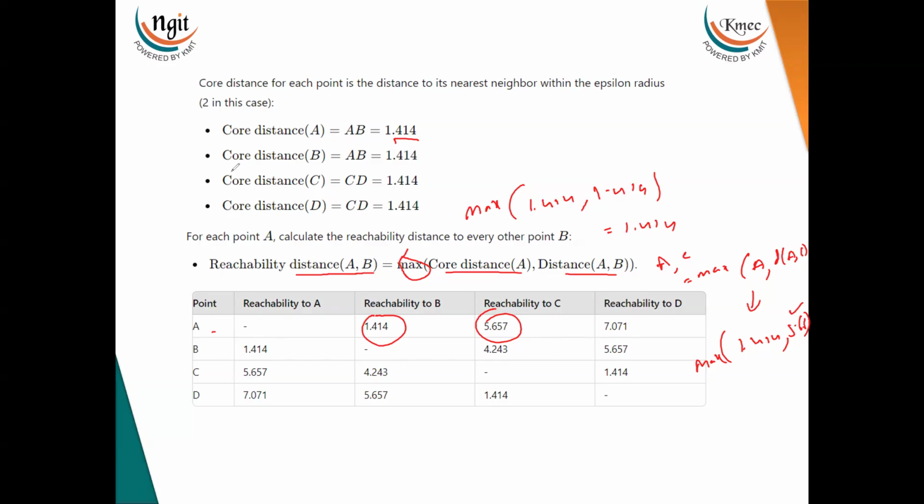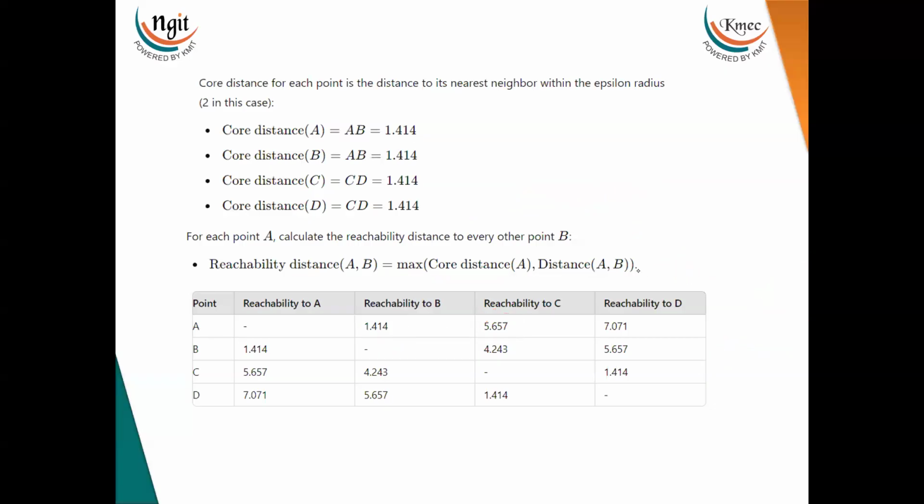In this way, we'll find the reachability distance of AB as well as CD. Finally, using this reachability distance, we can find the clusters. So here, we draw a graph by plotting the reachability distance on the y-axis. We start from the reachability of A, the first point.